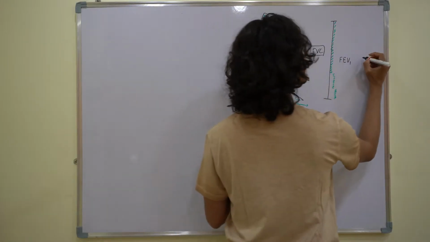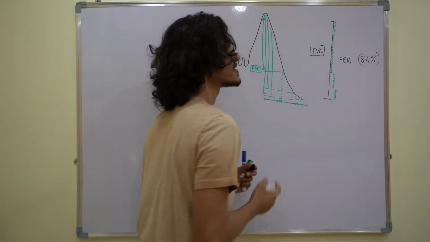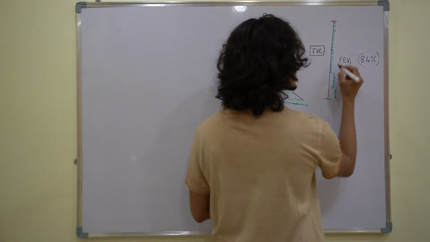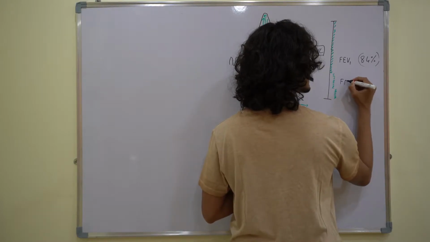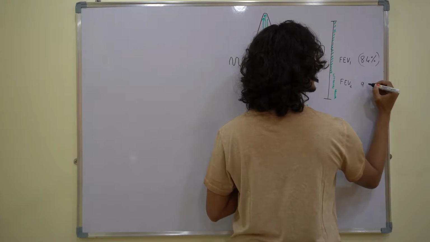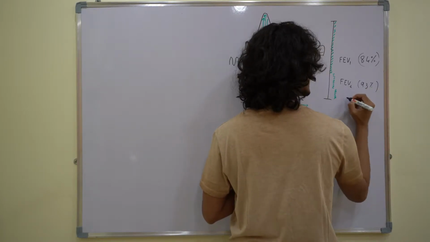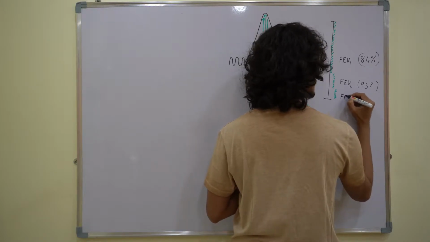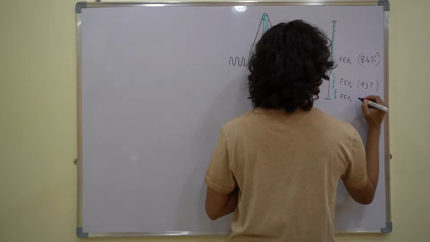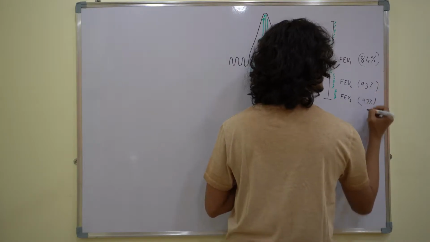This usually comes to about 84%, there's a broad range for that. By the end of the second second, FEV2 is 93 to 94%. And at the end of the third second, FEV3, the volume would come to 97%.